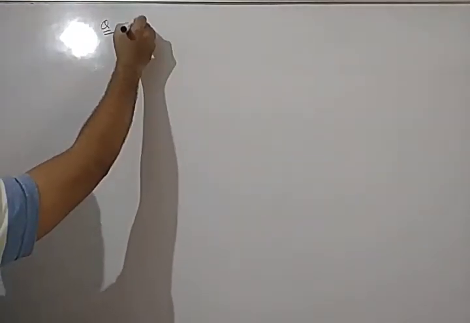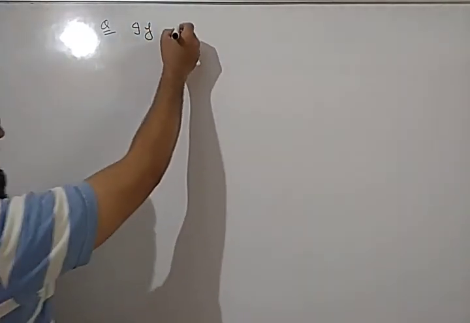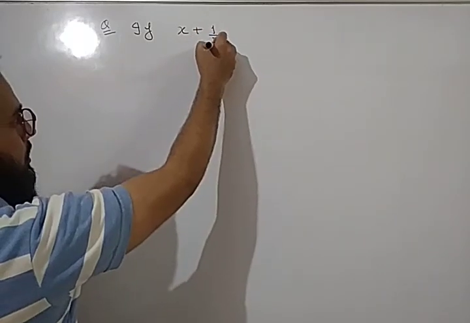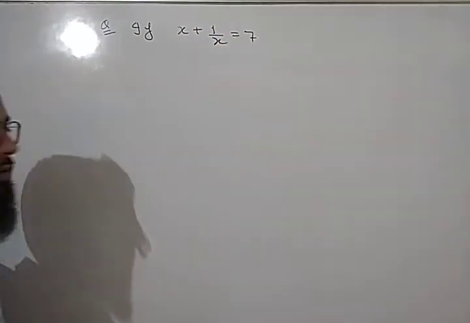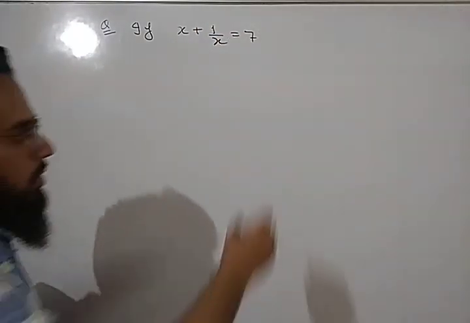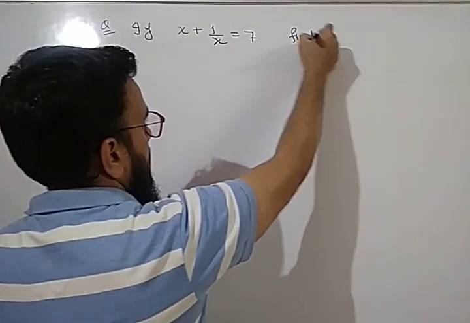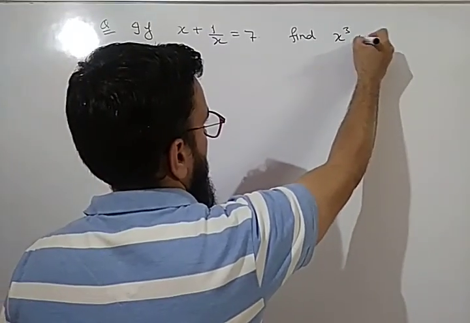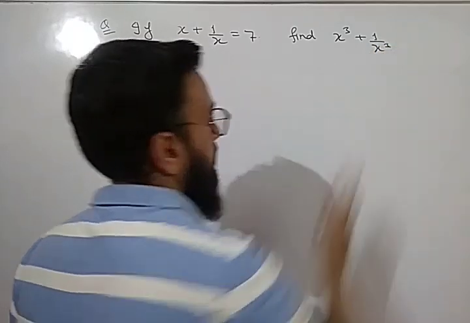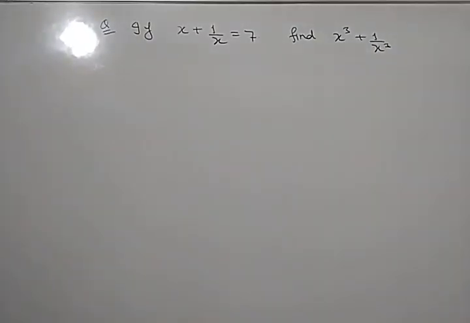Next question, if you are given the term x plus 1 upon x equal to 7, and you have to find the value of x cube plus 1 upon x cube, or x cube minus 1 upon x cube.